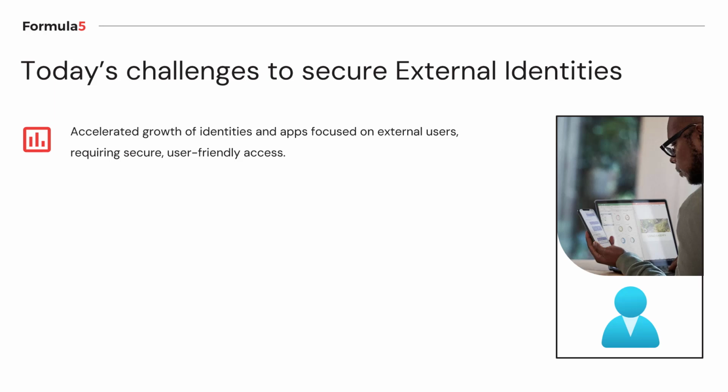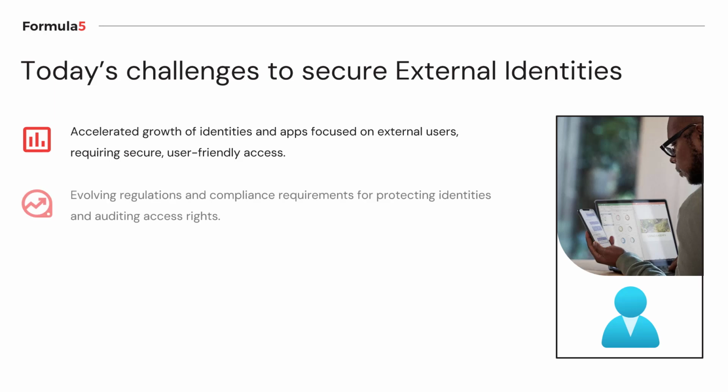So it's not anymore about the internal users or corporate users. It's about the external world. It's about external users, users that will use our applications from different parts of the world. And probably they will use different kinds of devices, like mobile devices, maybe their personal computers and so on. So we have to provide user-friendly access to them.